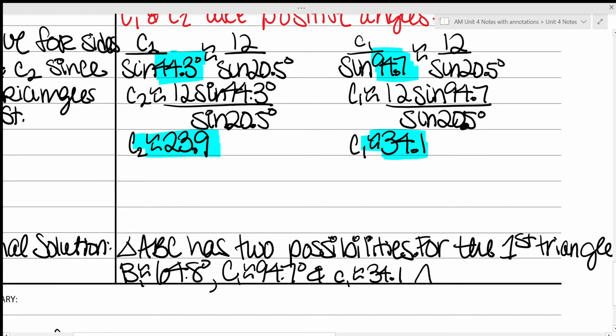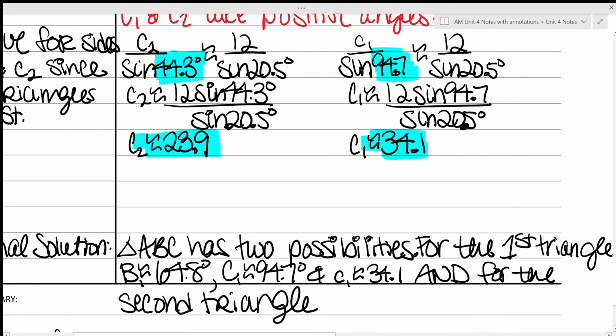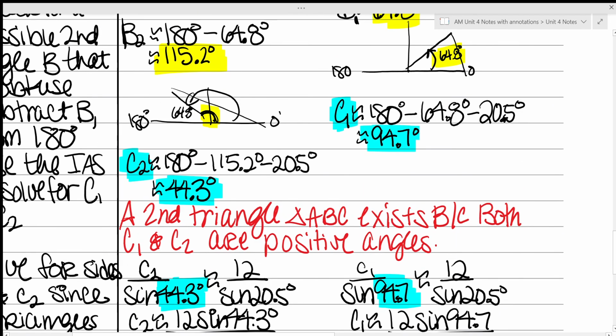Okay, and for the second triangle, we have B is approximately 115.2.